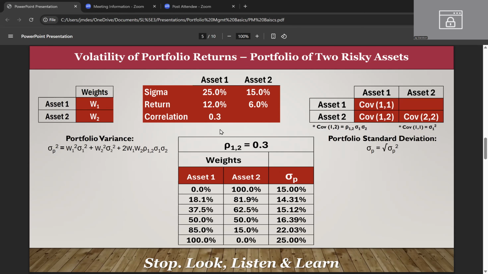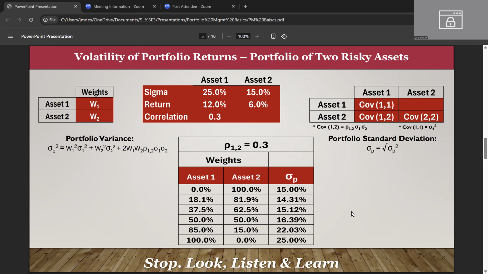That is, half of 12 and half of 6. You add those together, so you get 9%. Now, what is going to be the return on the portfolio in the next period? Well, in this case, the return on the portfolio is simply going to be a function of the return that asset one produces in the next period and the return that asset two produces in the next period.